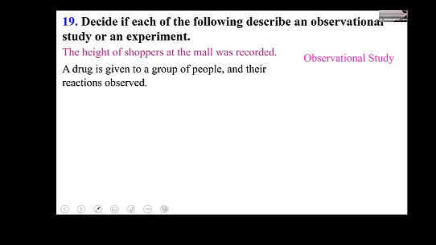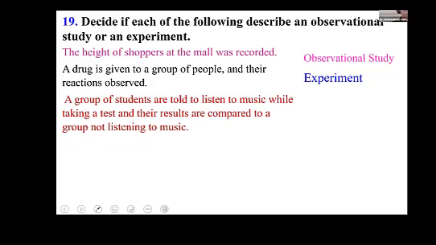A drug is given to a group of people and their reaction observed. So we are experimenting. A group of students are told to listen to music while taking a test, and the results are compared to a group not listening to music. We are experimenting.